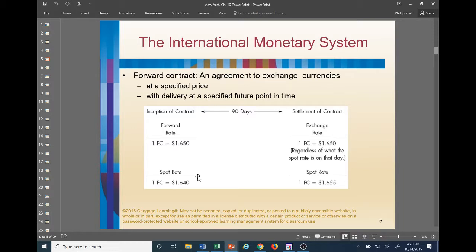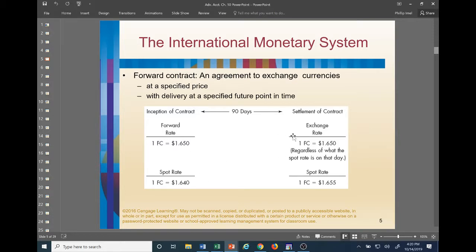This difference between the spot and an original fixed forward rate represents the time value of the forward contract. If the original fixed forward rate is greater than the spot rate at inception of the contract, it is said to be a premium. And the opposite situation results in a discount.